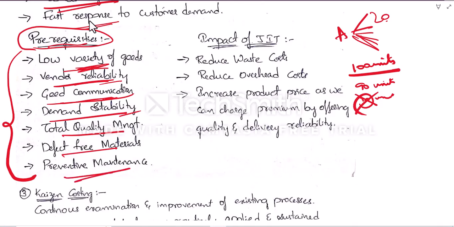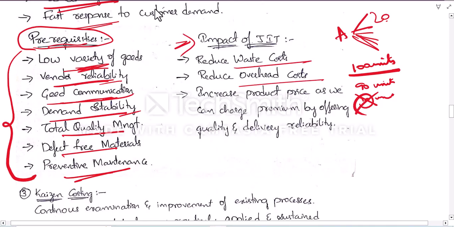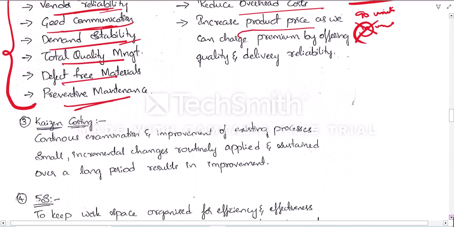After we get an order, if our machine has a breakdown, then how can we provide the customer with our output at the time required by him? It is not possible. So we have to maintain the machines in working condition to avoid any such breakdowns. So by following all this, what is the result? We can reduce our waste and overhead cost, and increase the product price, because we are giving quality products at the right time. We also have an option to increase the price.